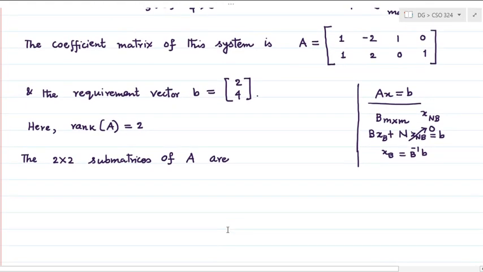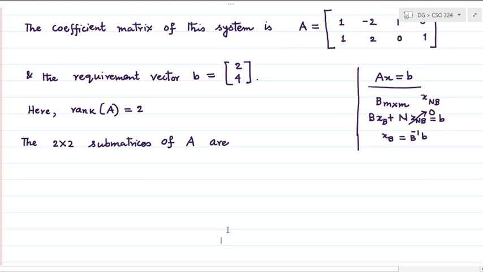How many 2 by 2 submatrices will you have from this matrix A? Obviously there will be 6. 4 choose 2. Out of these 4 columns, the ways you can choose 2 columns is 4C2, which is 6, right?